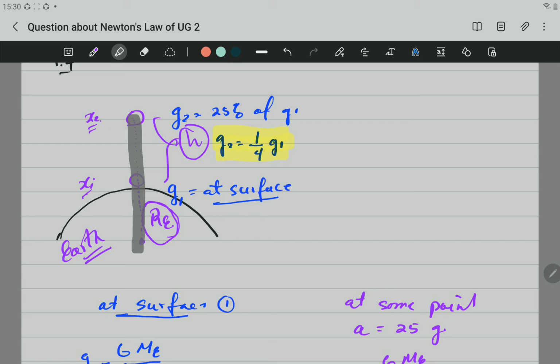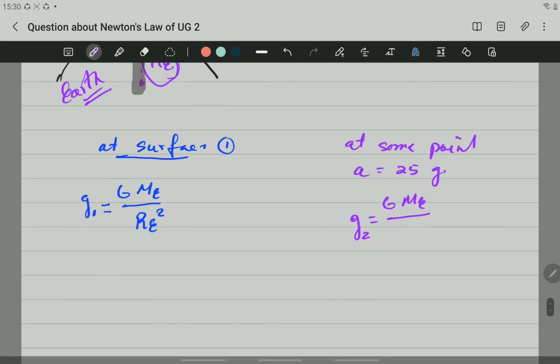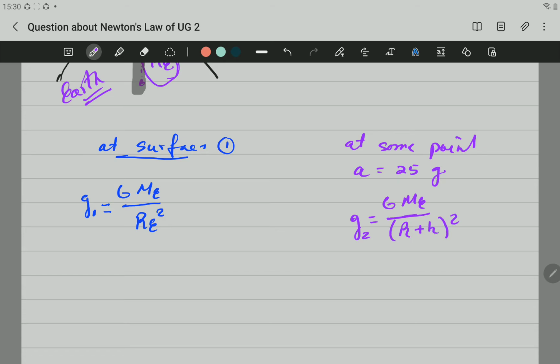So that distance will be the radius of the Earth plus the height h, which is in actual fact what we're looking for, everything to the power 2. Okay, so this is what we have up until now.